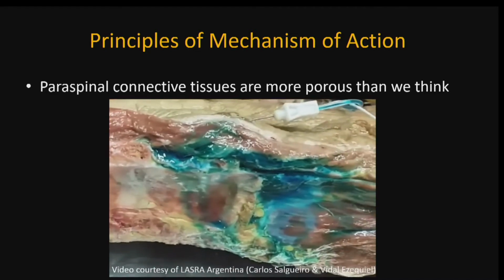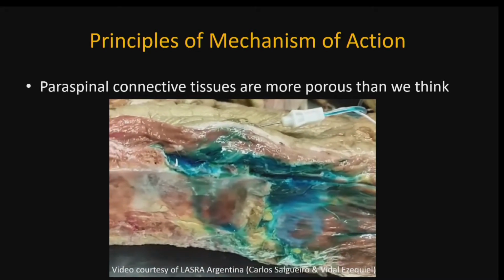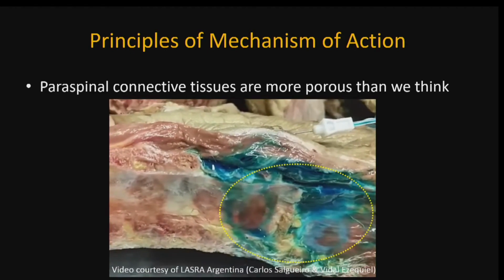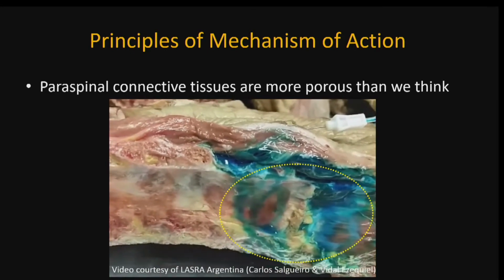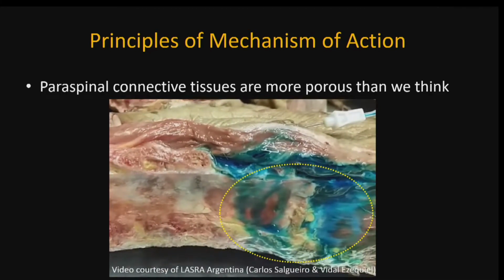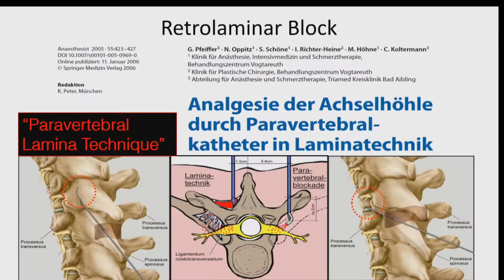This video, kindly supplied by members of the Latin American Regional Anesthesia Society, shows clearly that we have local anesthetic tracking through from the erector spinae plane towards the vertebral column. This principle was actually described as far back as 2005 with regard to the retrolaminar block.